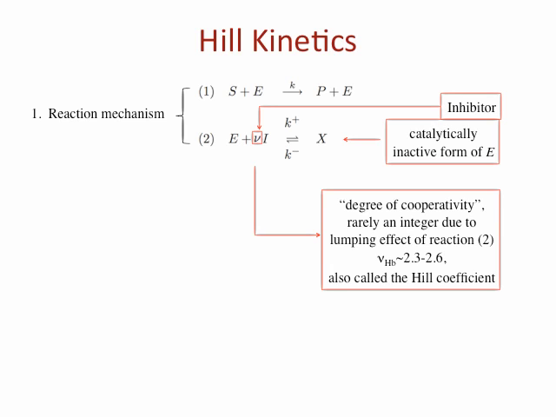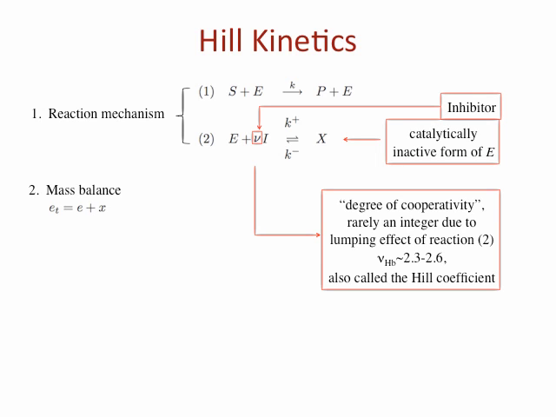So nu can be a fractional number and therefore doesn't represent actual chemistry. Of course, hemoglobin is not an enzyme. Hill kinetics were originally developed for oxygen binding to hemoglobin, but since then were adapted to enzymes where the bound state was catalytically inactive.